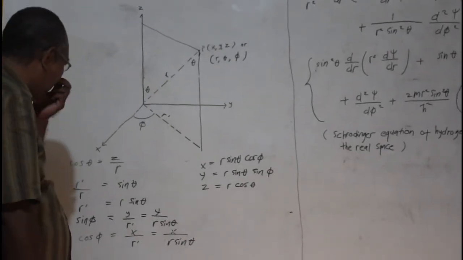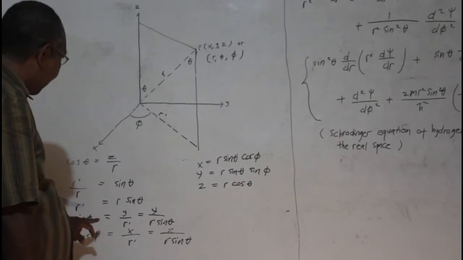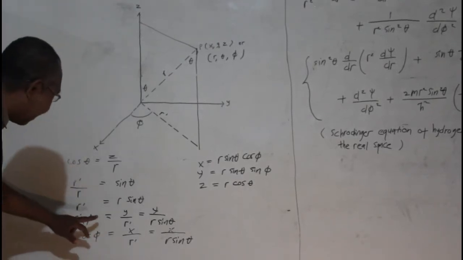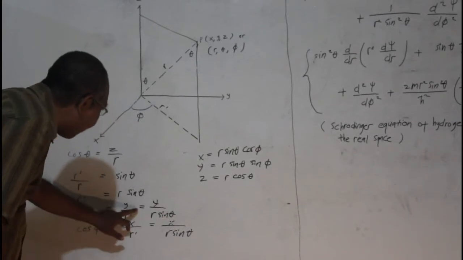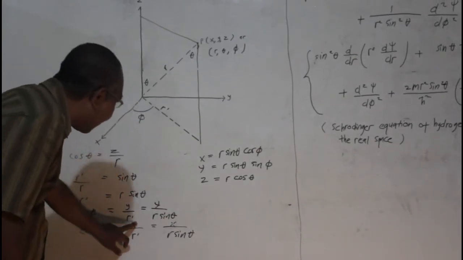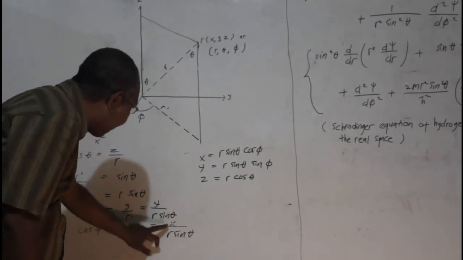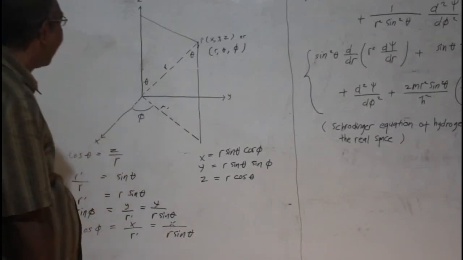So we find that sin phi equals y over r prime, or equals y over r sin theta.